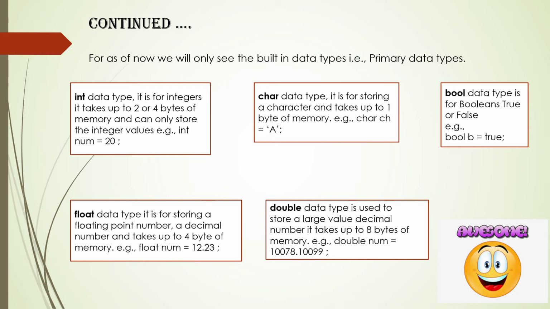It takes up to 8 bytes of memory. Example, double num equal to 10078.10099, then semicolon. If you want to store a large decimal value, then for that you have to use double data type. So num is a variable name of double data type which holds 10078.10099 in it. So I hope you all got clear with the data types now.